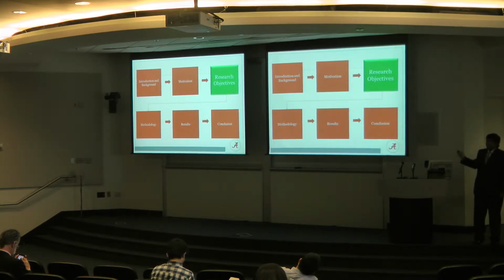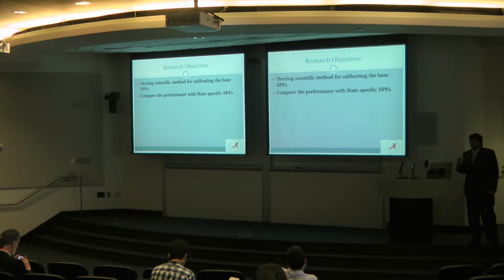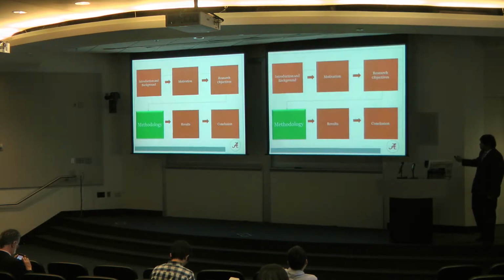What we did in this project is, we first developed a new method for calibrating the base SPF given in the Highway Safety Manual, and secondly, we compared it with the state-specific SPF. So in short, we also developed the state-specific SPFs.